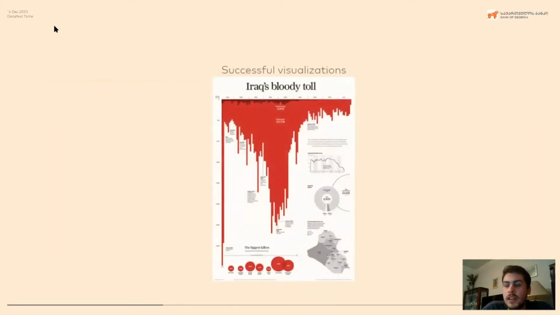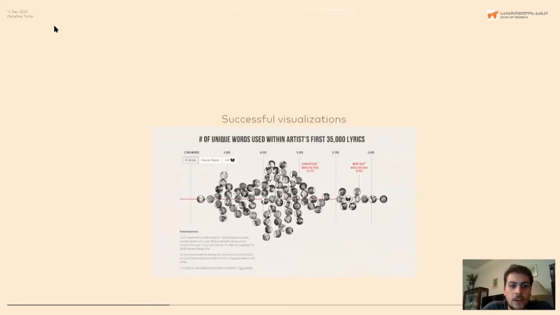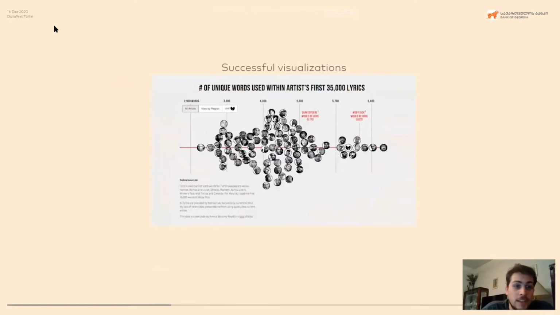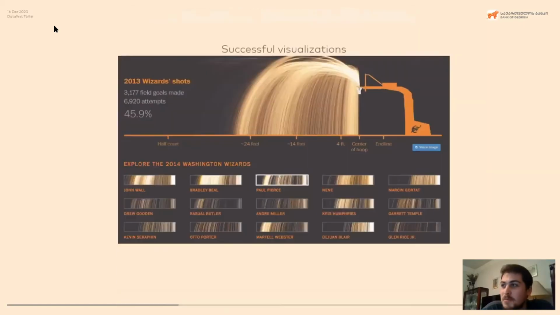For example, Iraq's Bloody Toll, which looks like this, or artists by variety of word usage shown here, or Washington Wizards shoots displayed here as an infographic, which is one of my favorites, and it's really attractive. I think you agree with me.